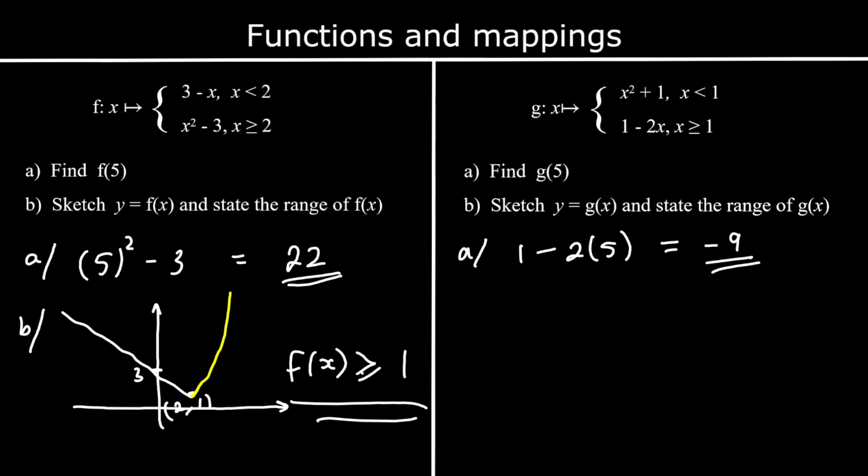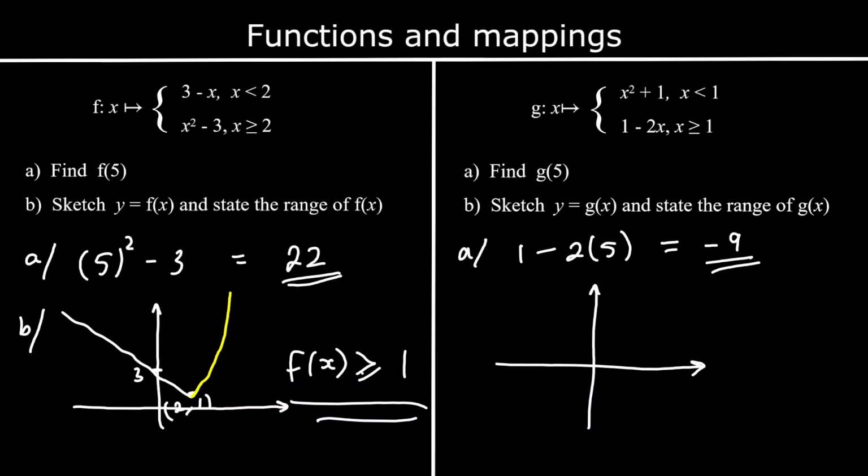And sketch g of x. So when x is less than 1, we've got x squared plus 1. So x squared plus 1 has got a minimum point at 0, 1.